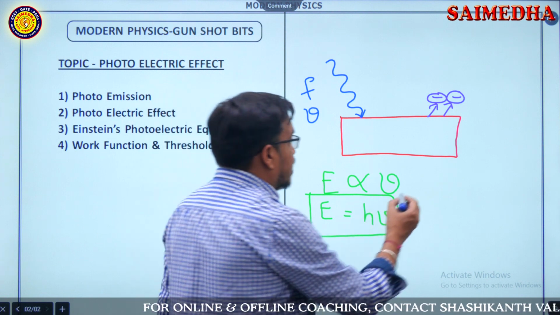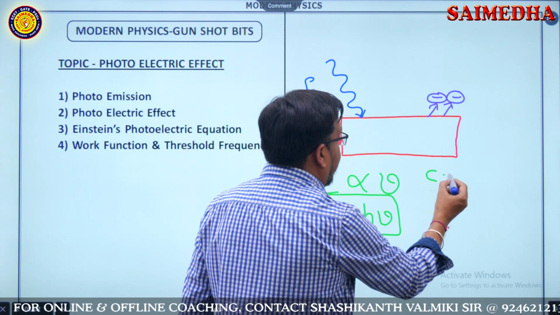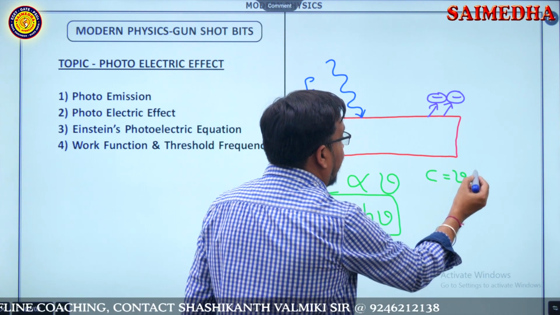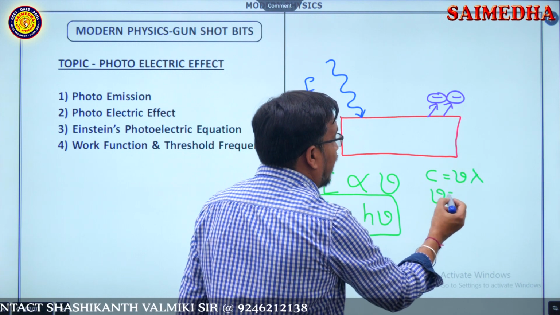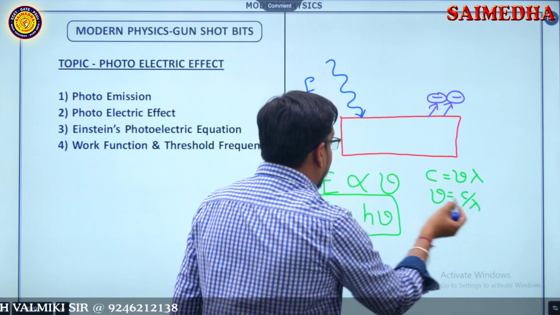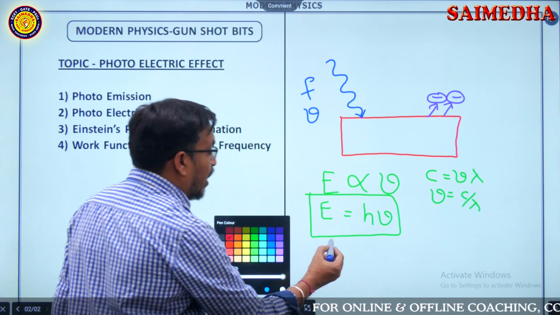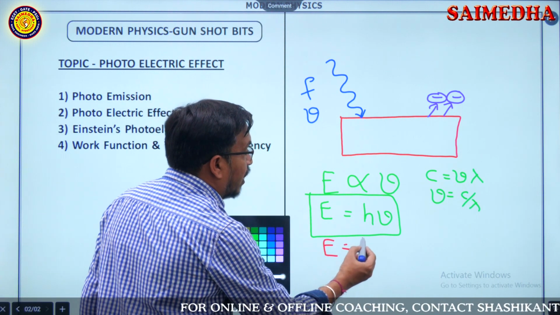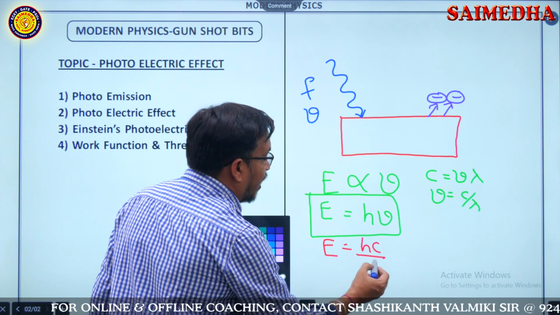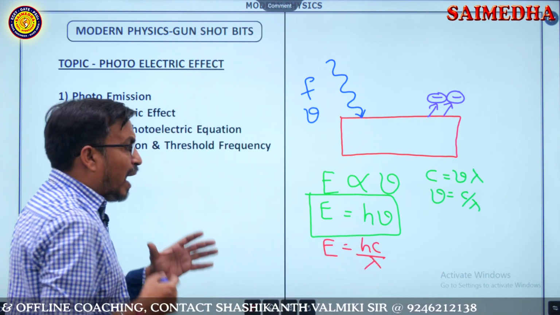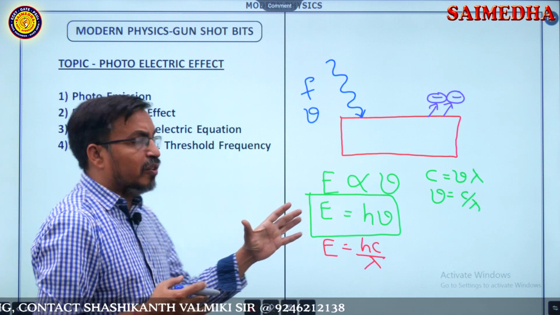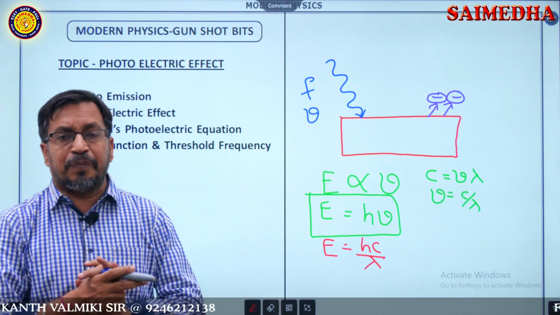Then, the speed of light c equals nu lambda, so nu equals c by lambda. In terms of wavelength, E equals hc by lambda. The maximum number of questions are related to these 2 formulas only.